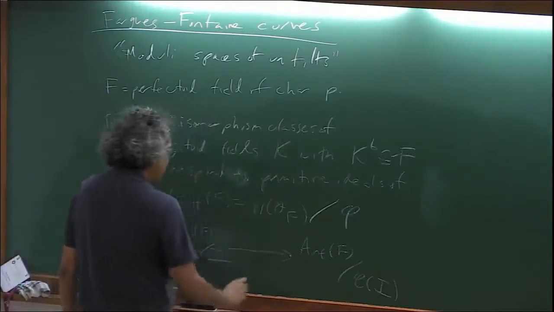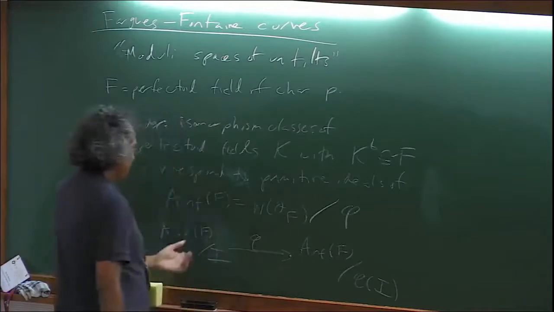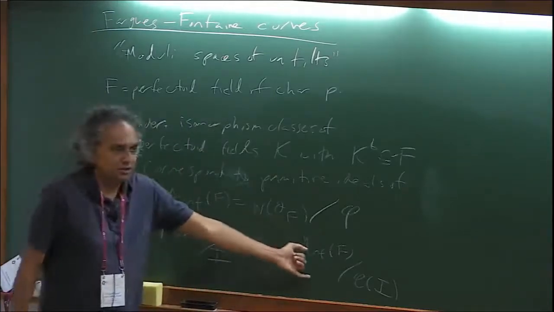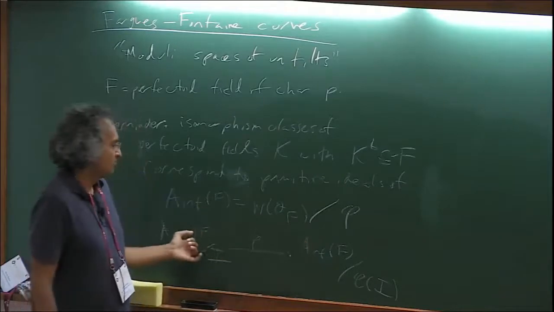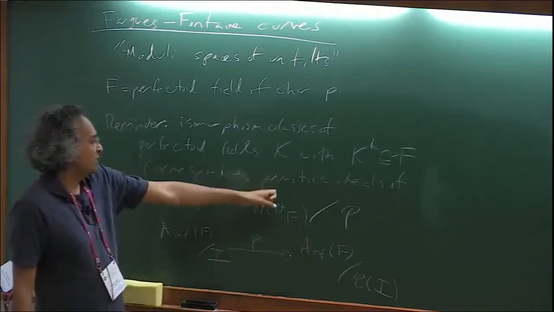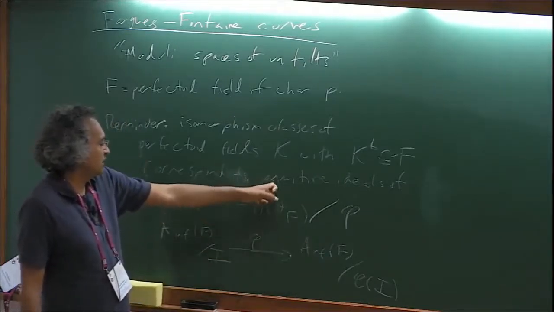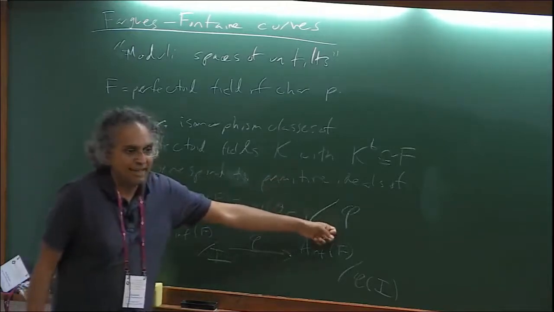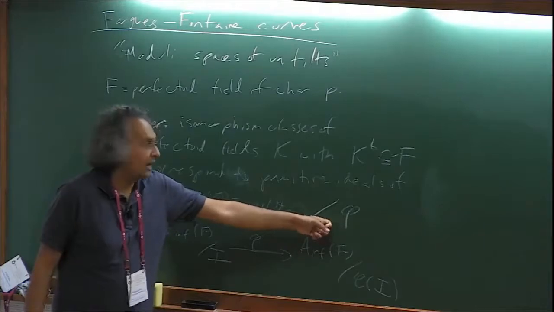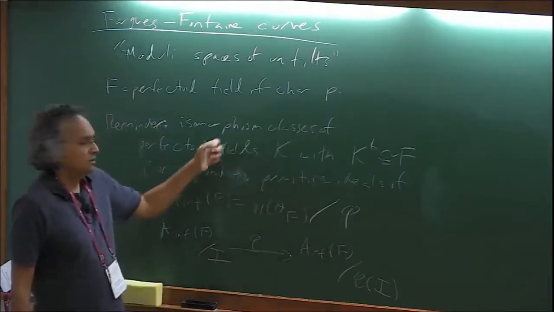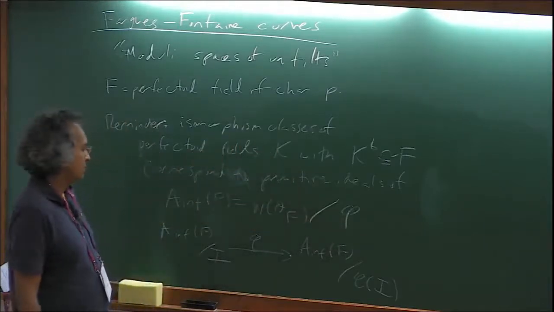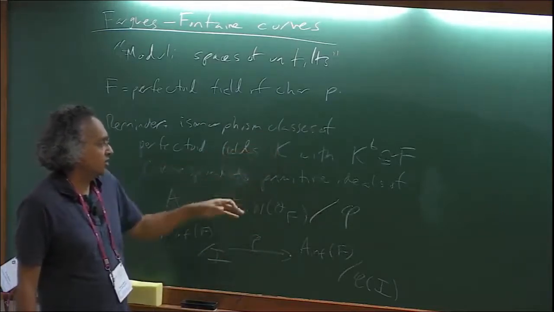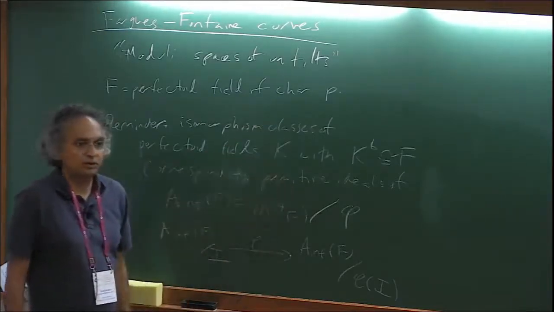So the role of Frobenius here is that Frobenius defines an isomorphism of this untilt with this untilt. So really, you shouldn't be thinking of primitive ideals. You should be thinking of the set of primitive ideals modulo the action of Frobenius on that set. That's what really corresponds to these things, because this isomorphism does not correspond to anything meaningful on this side. You should divide it out when you make this correspondence.